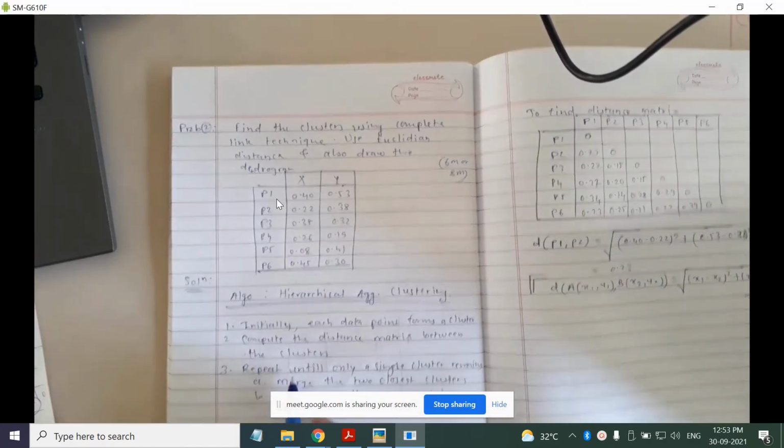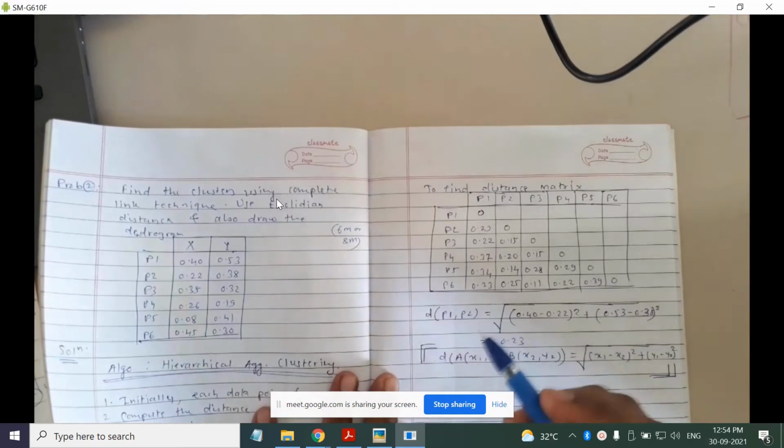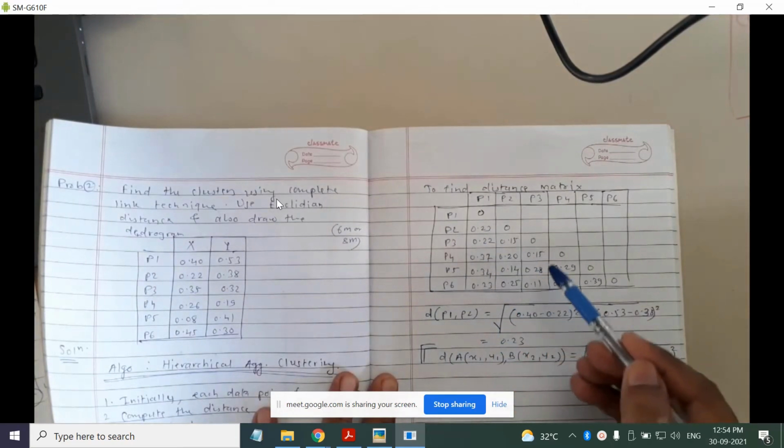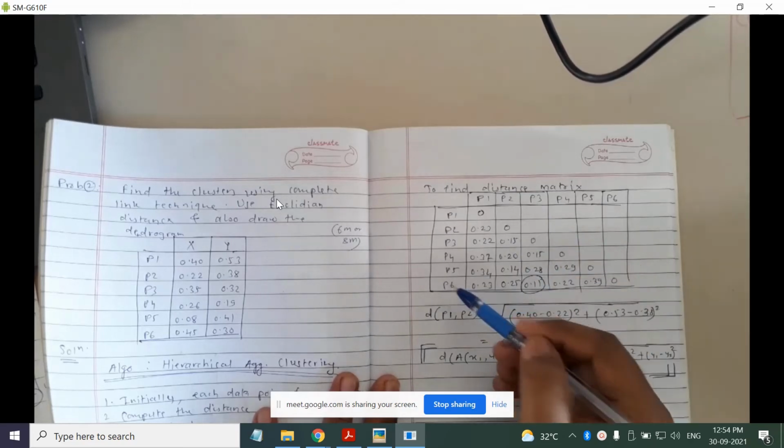This step is done. Then merge the two closest clusters. Closest means the pair which has the least distance. Here the least distance is this one, so we will be merging P3 with P6.